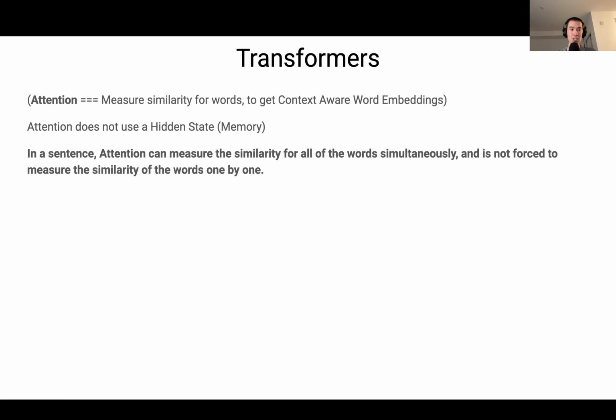And a benefit is that in a sentence, attention can measure the similarity for all of the words simultaneously and is not forced to measure the similarity of the words one by one. Measuring the similarity for the words in a sentence is not affected by distance, which is another benefit of transformers that use attention. And what do I mean by this?